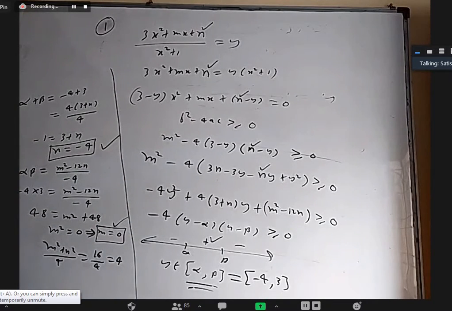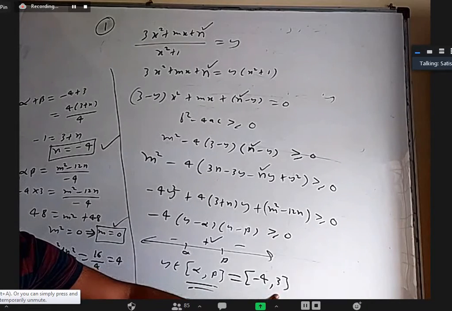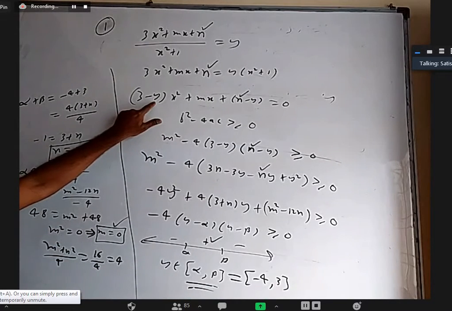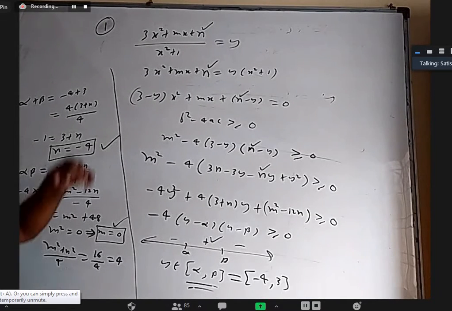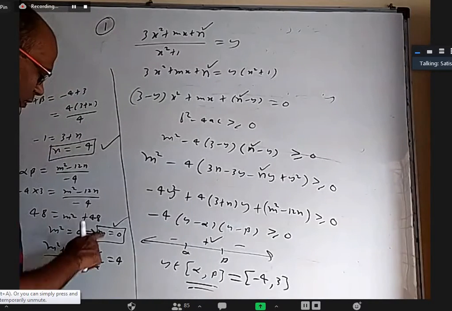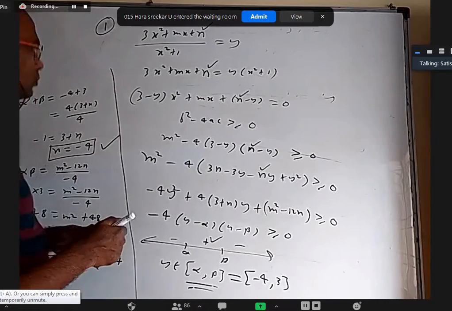Okay, now somebody can have a doubt why 3 is open. That is because when you take y equal to 3, it's not a quadratic expression. This will become 0, you get a linear expression. Okay, let us take the question as it is. I'll put the options m and n back.